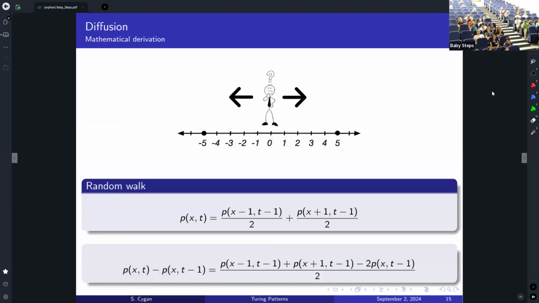Imagine the set of integers, and imagine a very confused man at the middle of the line. He has completely no idea what he will do. He doesn't know where he wants to go.